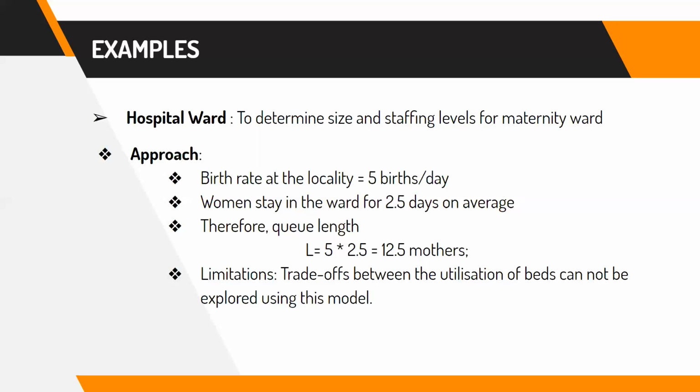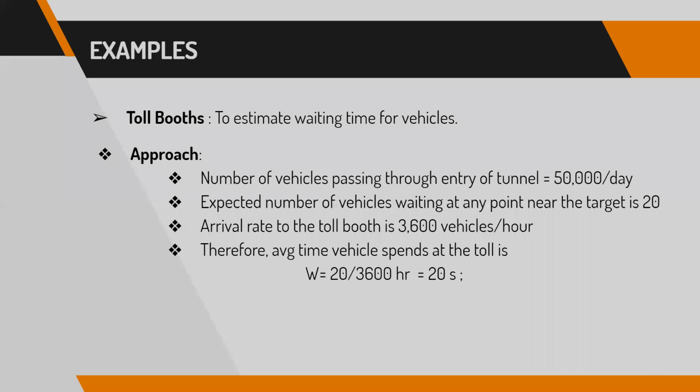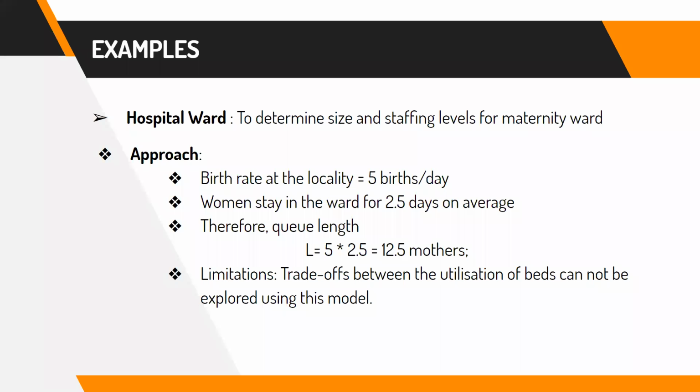So one needs to use queuing models or simulation in order to explore the trade-off between the utilization of the beds. Nevertheless, Little's law provides a starting point for investigation since we know the average number of beds that are needed.